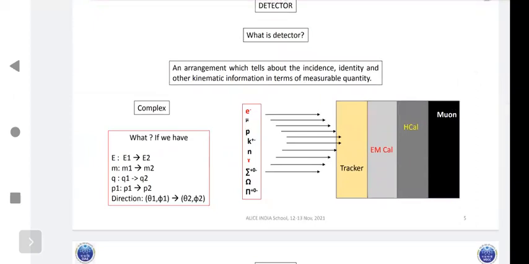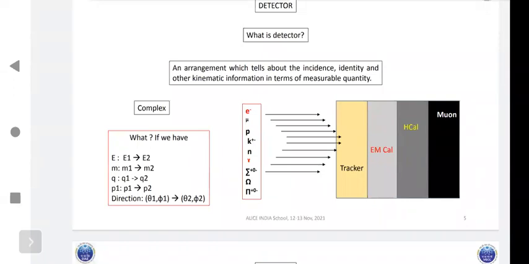Though I am showing you in 2 dimensions, please keep in mind, if particles are coming out from a point in any direction, we have to place this number of blocks of different kinds in all 4 pi directions, not only in a single direction.